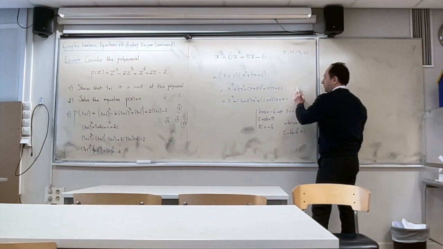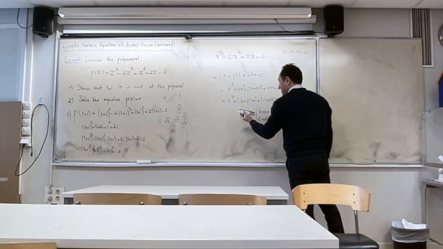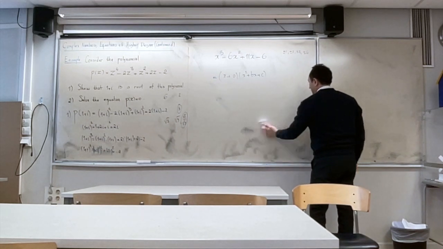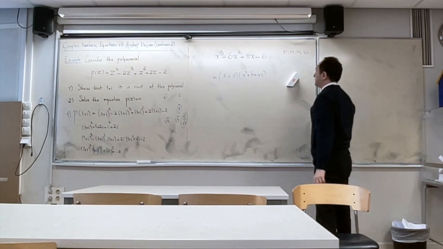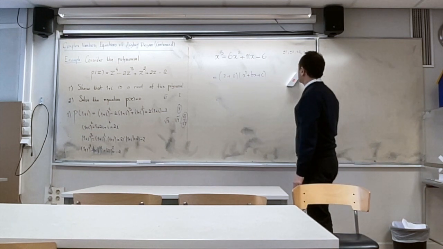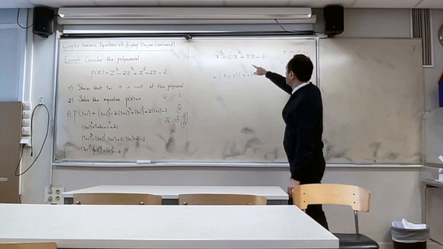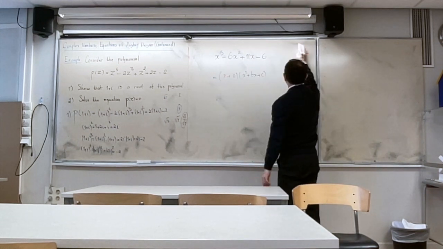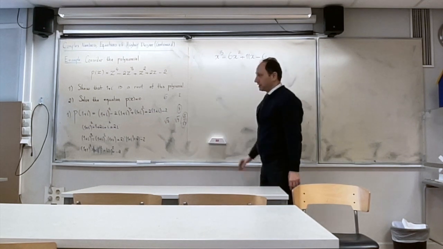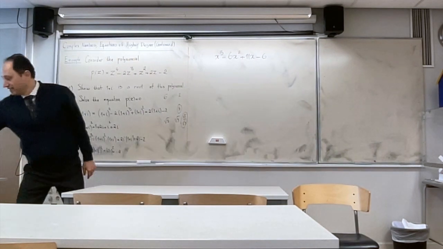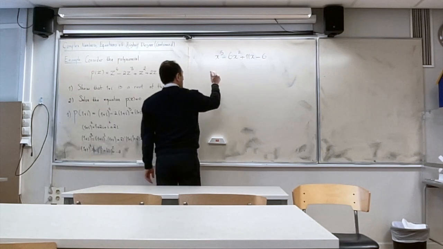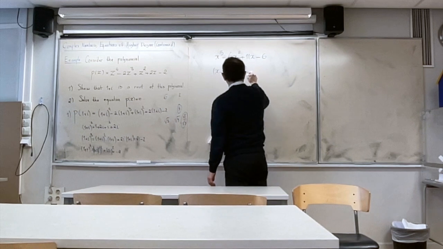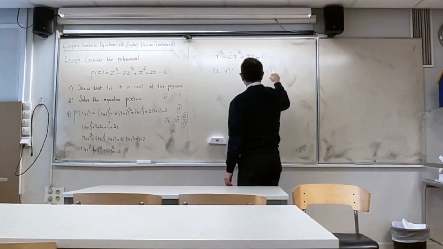So what they have done in the book, and it is successful, is they say, okay, let us check one of these numbers. Which one of the numbers works, do you think? I think 1 works, yes? Because 1 plus 11 is 12, and that is also minus 12. So 1 works. And instead of writing it in this form, they say that because 1 works, then it is x minus 1 multiplied by x squared plus bx plus c.